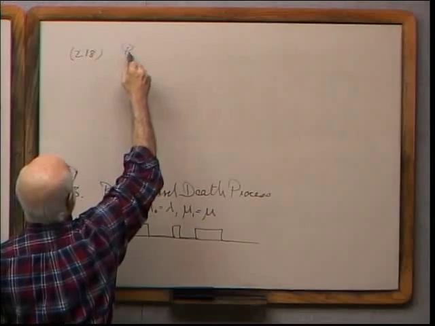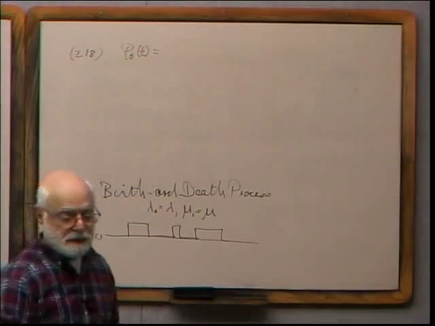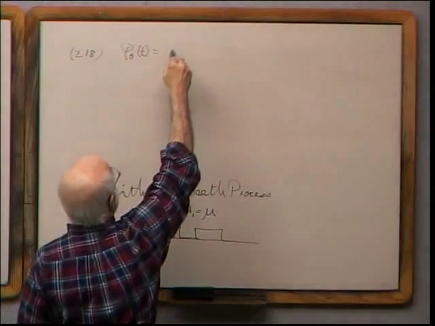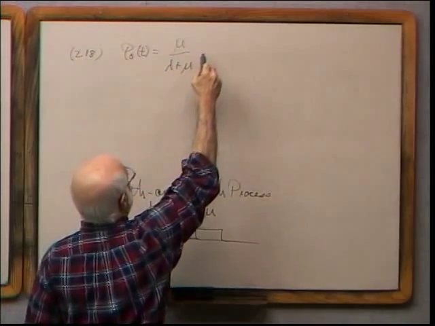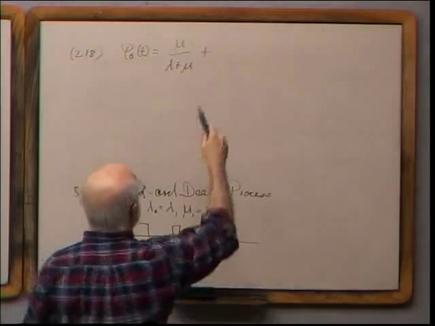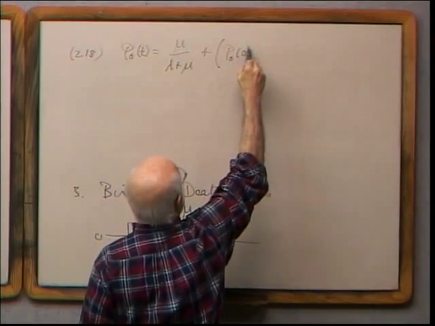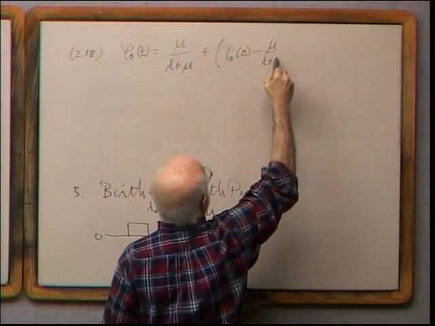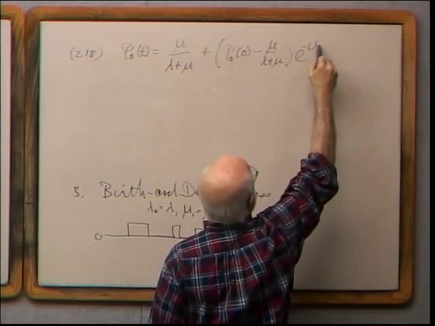P0 of t is given by, according to 2.18, mu over lambda plus mu plus P0 of 0 minus mu over lambda plus mu times e to the minus lambda plus mu t.